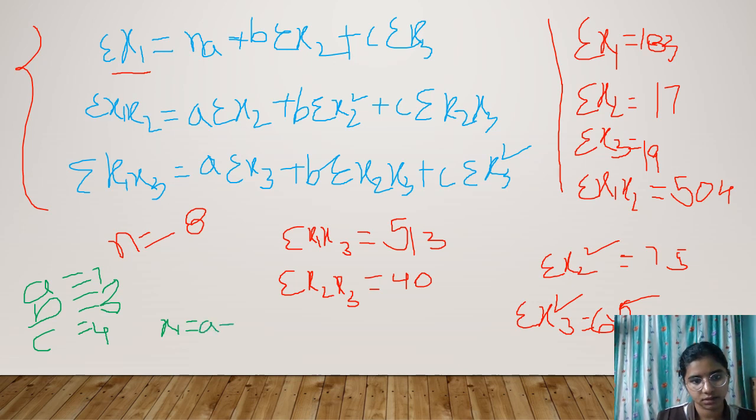equals A plus B x2 plus C x3. And by substituting the A, B, C values here, we get x1 equals 7 plus 3x2 plus 4x3.